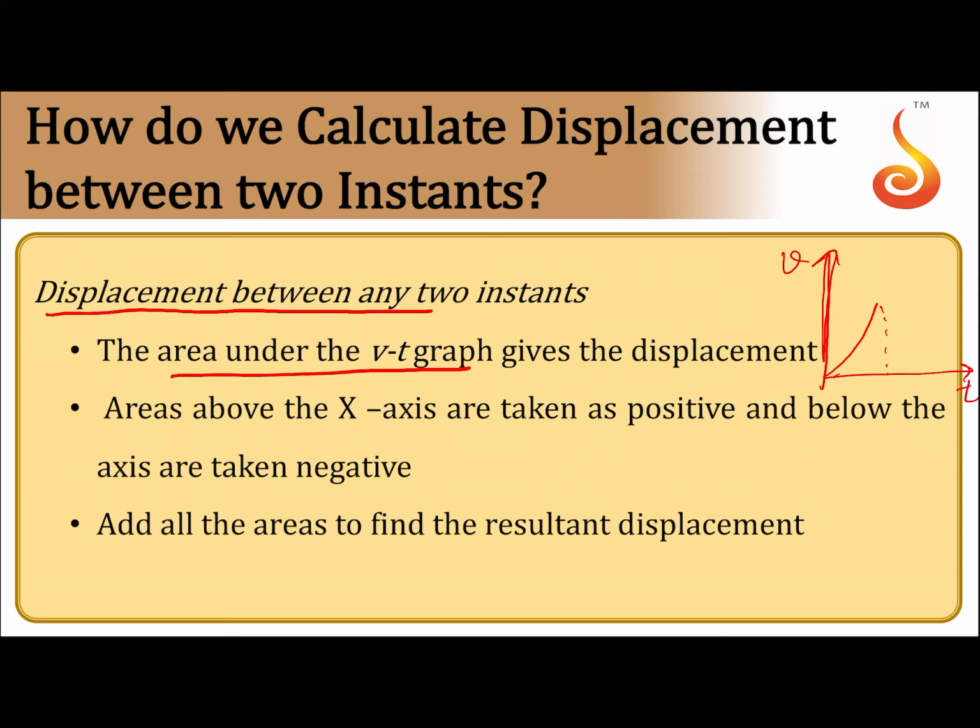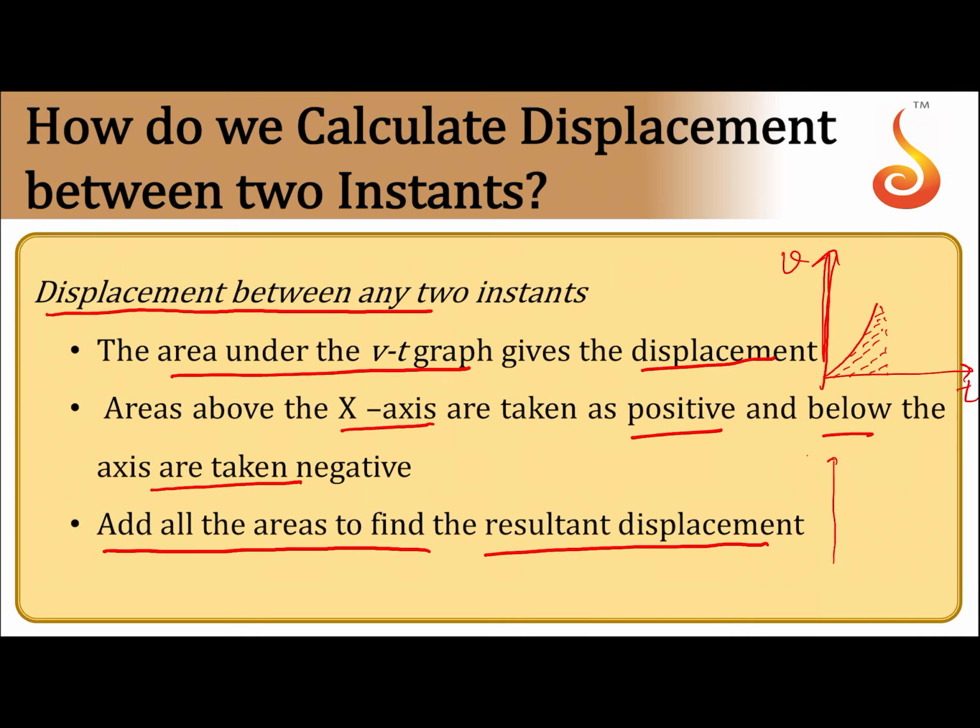For example, if I want to calculate this displacement, I will calculate the area. So, area bound gives us the displacement, and areas above the x axis are taken positive and below the x axis they are taken with negative sign, and we add all the areas to find the resultant displacement.